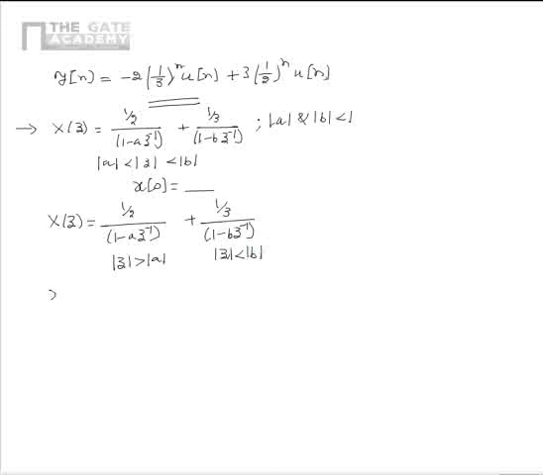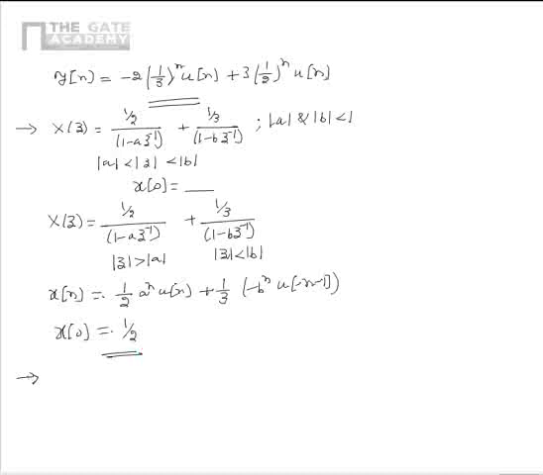From this, we see that the inverse z transform of X of z, that is x of n, is given as 1 by 2 multiplied by a power n into u of n plus 1 by 3 multiplied by minus b power n u of minus n minus 1. From this, upon substituting n is equal to 0, we get x of 0 as half. So for the given X of z, we see that x of 0 is equal to half.